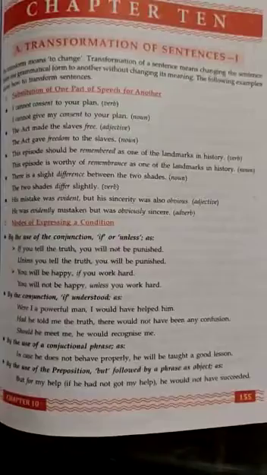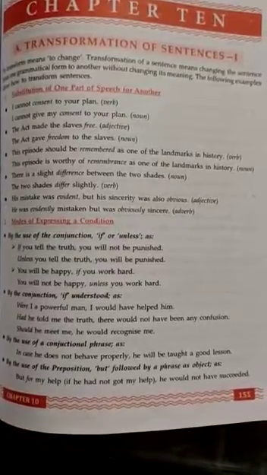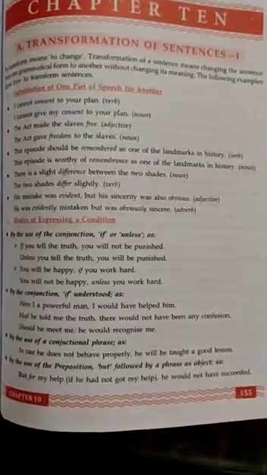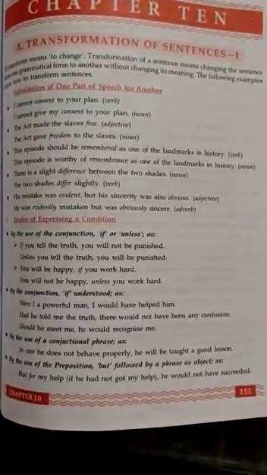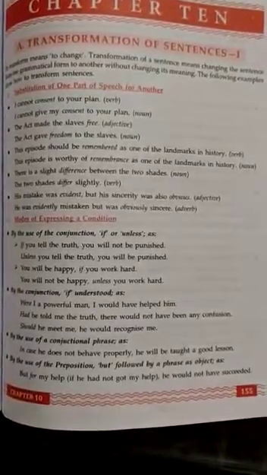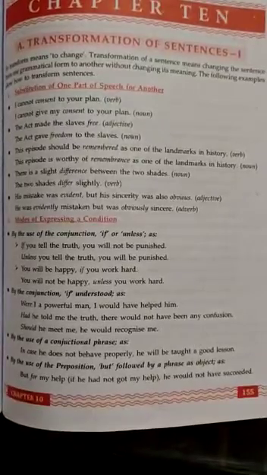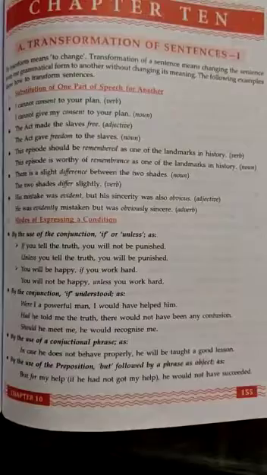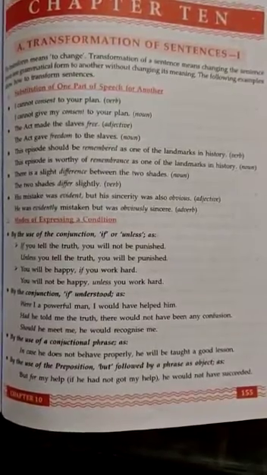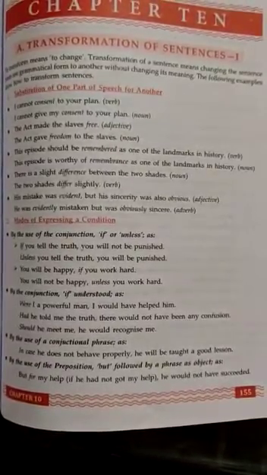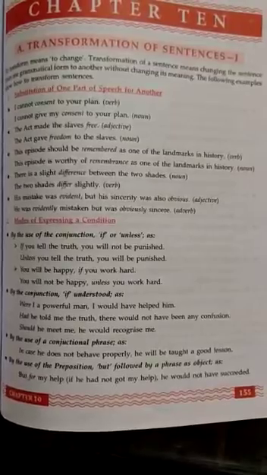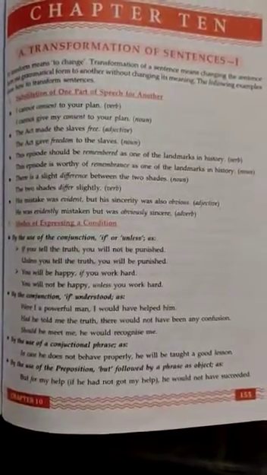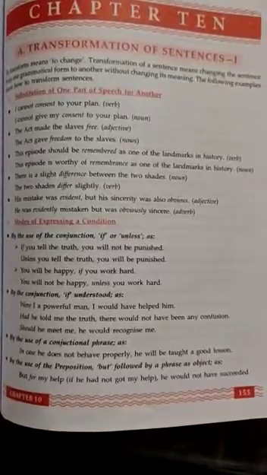Consent means giving permission. In other words, we can say I cannot give you permission to your plan. And instead of using a verb in this sentence, we are going to use a noun in the same sentence. That means we are going to change the form of the sentence. I cannot give my consent to your plan.